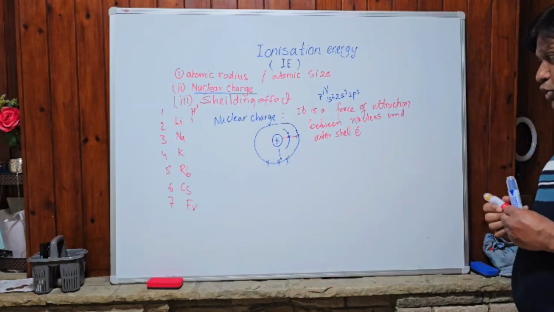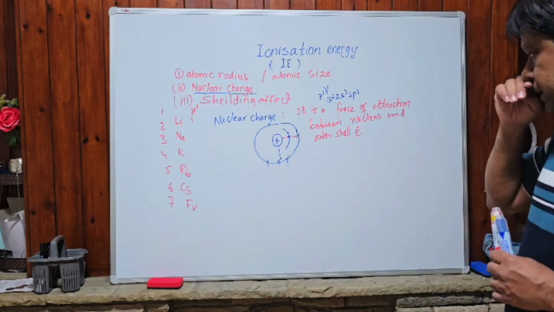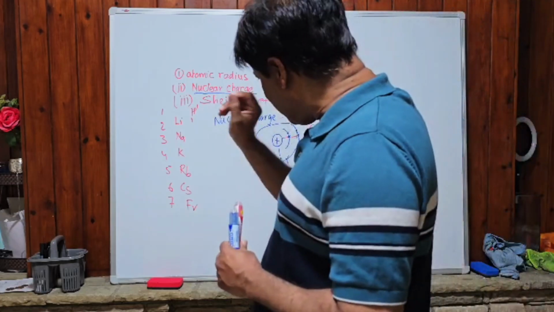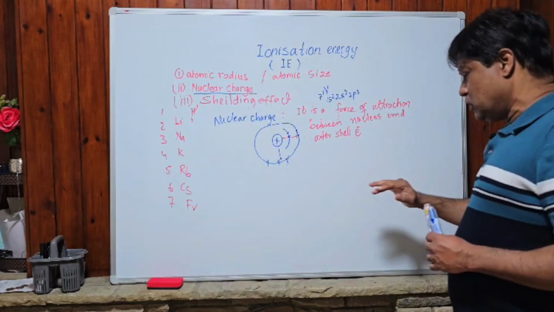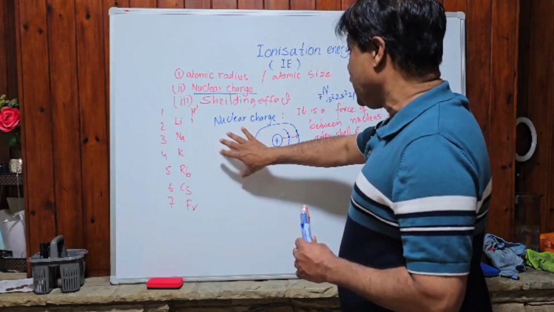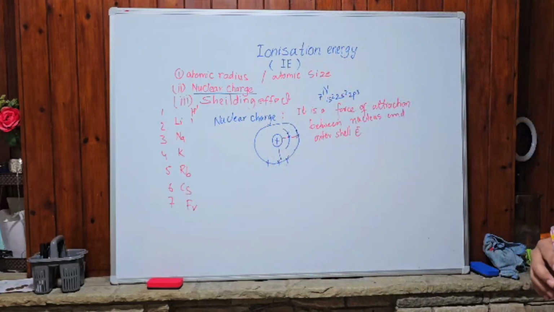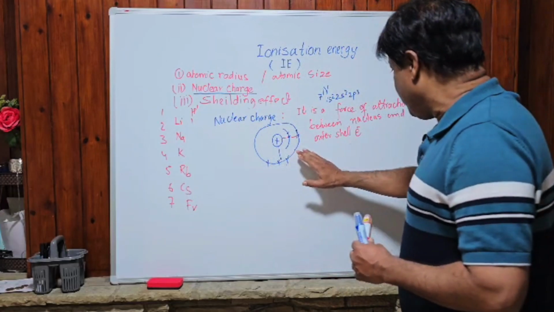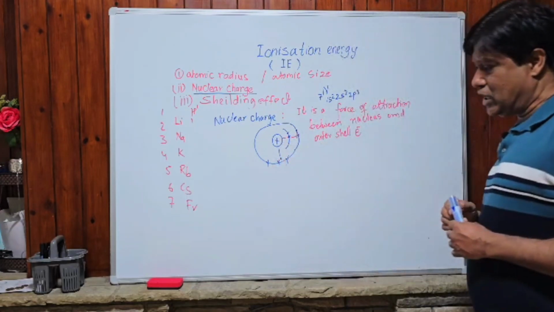That is called nuclear charge or effective nuclear charge. There is a slight difference between the effective nuclear charge or average nuclear charge and the nuclear charge. Don't worry about it. I will teach you when I make some videos only on the periodic table. So it is the force of attraction between the nucleus and the outer shell electrons.